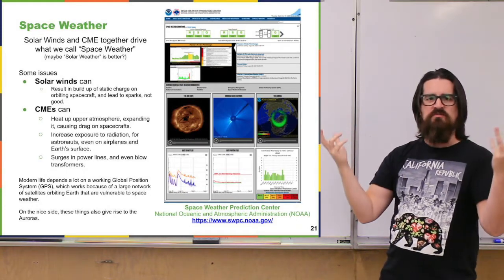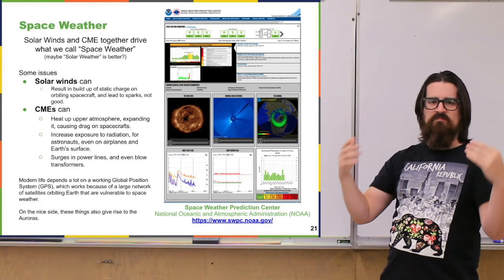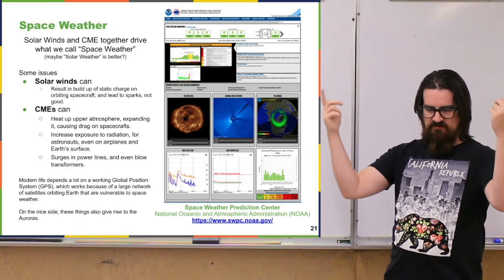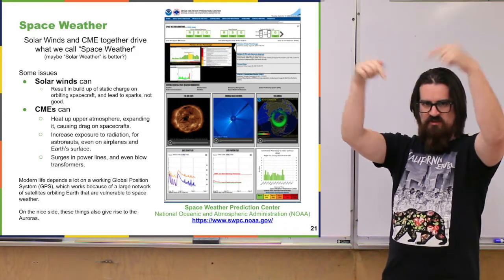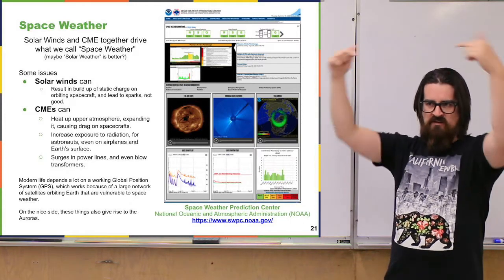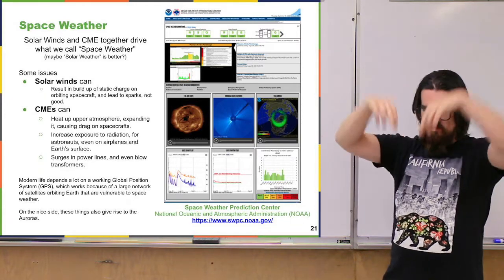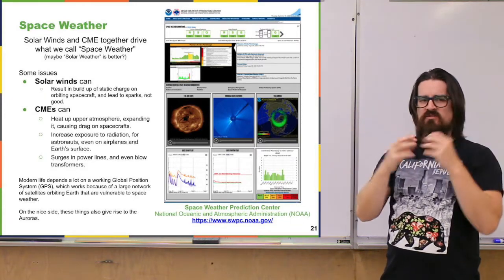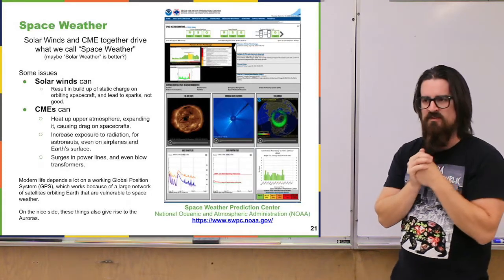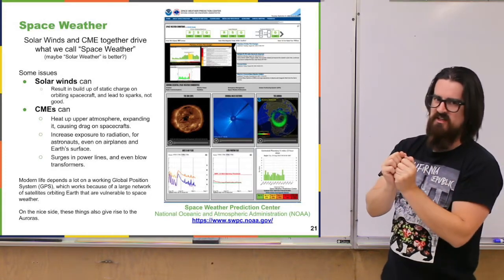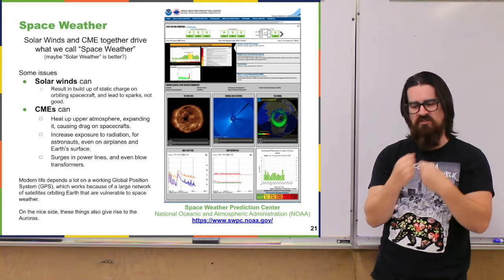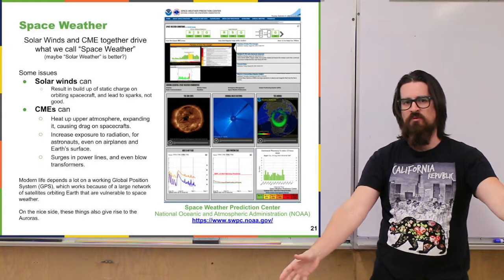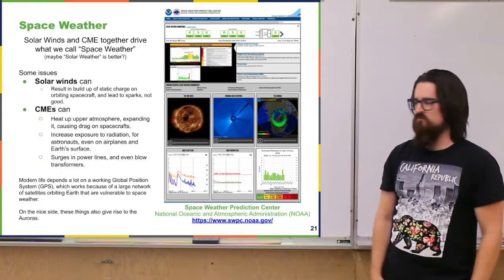It's electrically charged material, so it gets pulled along and directed by the Earth's magnetic field, winds around until it comes into the pole where the Earth's magnetic field comes in, and crashes into the atmosphere. That excites or energizes some of the gas in the upper atmosphere, and when that gas de-excites, it lets go of that energy, a lot of it in the form of visible light. So we get these cool auroras.